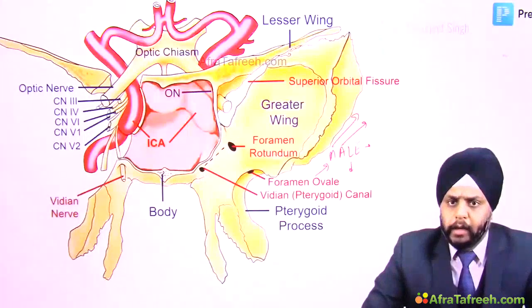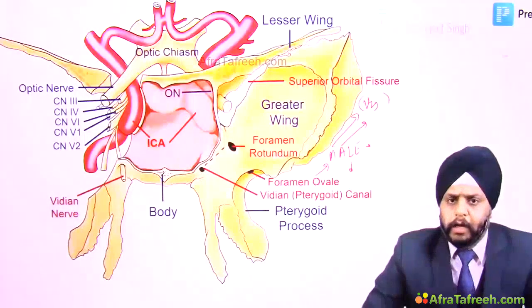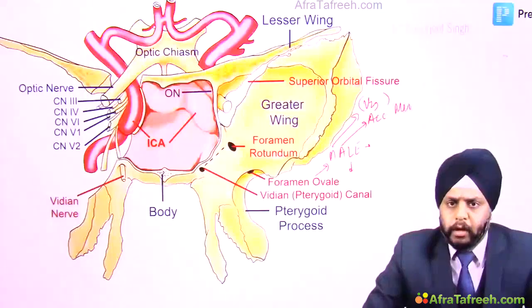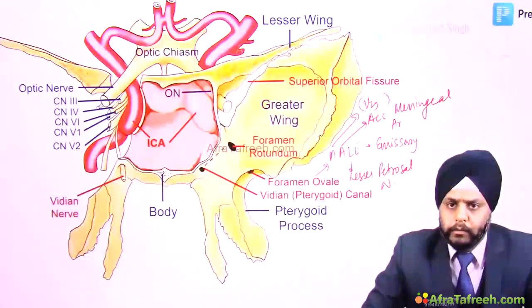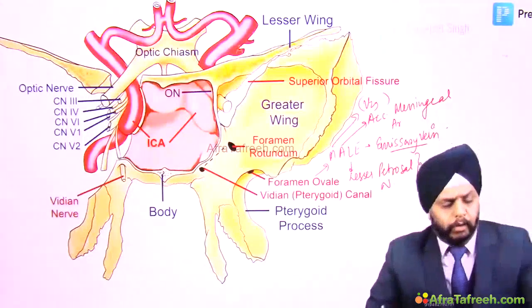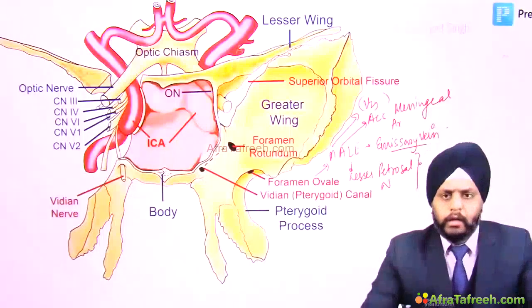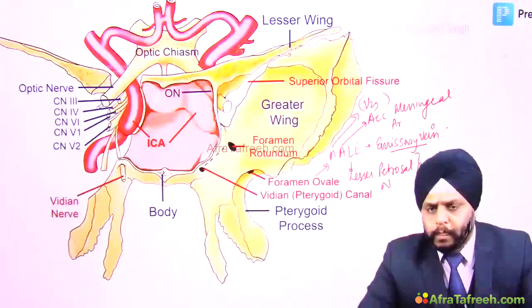Once again I'll repeat: mandibular nerve, that is V3, then we have the accessory meningeal artery, then we have the lesser petrosal nerve, and we have the emissary vein. Lesser petrosal nerve also we have talked previously. So these are the structures which are passing through the foramen ovale.